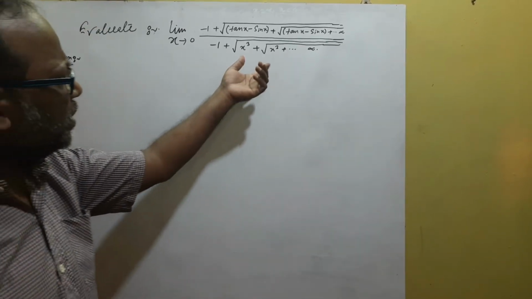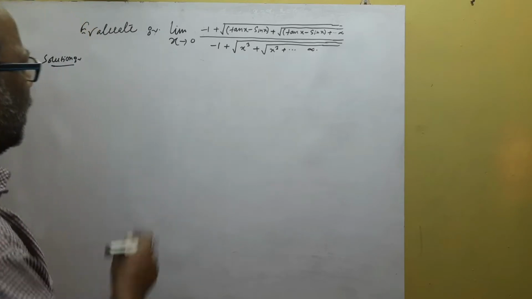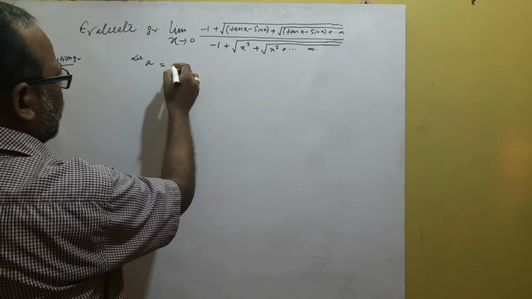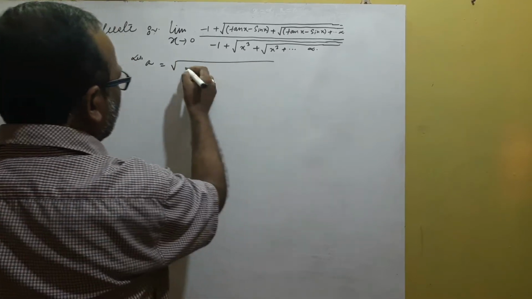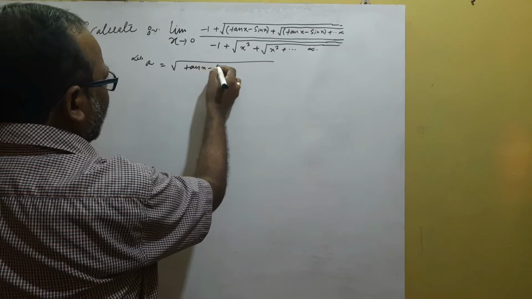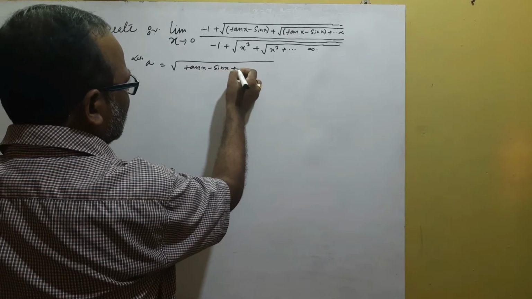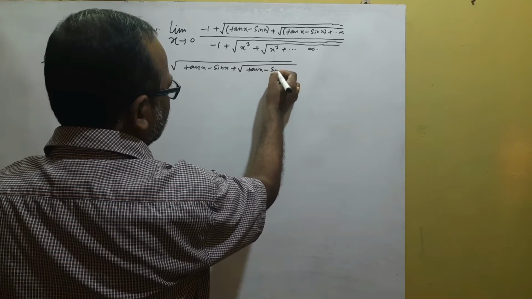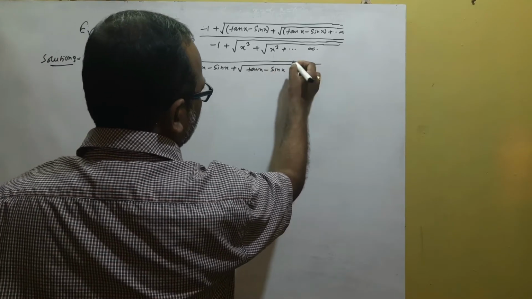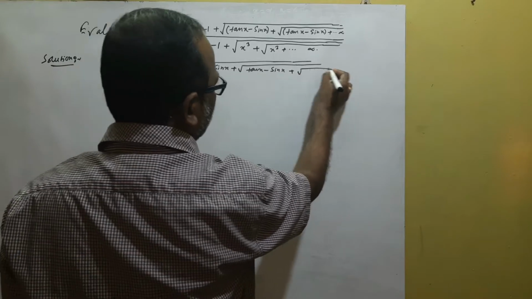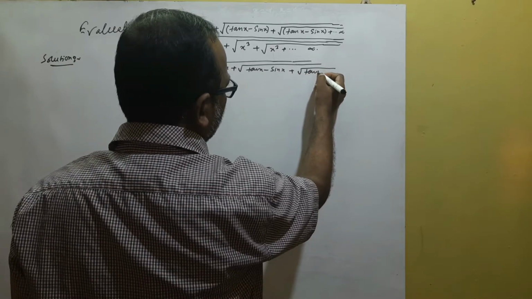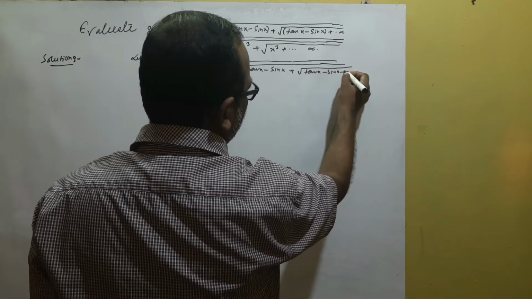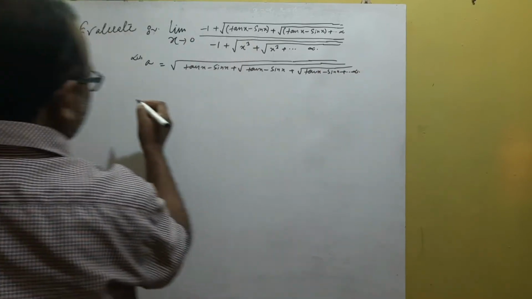Okay, so see these two patterns. Let us assume a is equal to under root of tan x minus sin x plus under root of tan x minus sin x plus under root of tan x minus sin x plus ... to infinity.